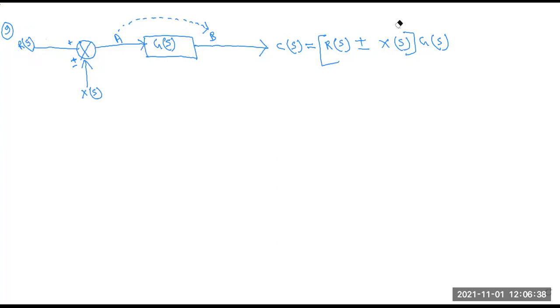R(s) is positive, and X(s) is either positive or negative, so we use both the positive and negative symbols. This goes through one process or plant, denoted G(s). The output signal is C(s) equal to R(s) plus or minus X(s), multiplied by G(s). So we can easily write these equations.